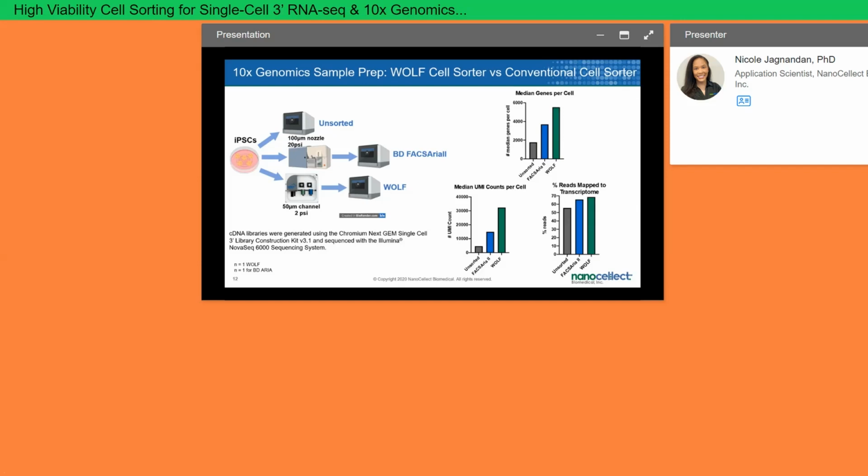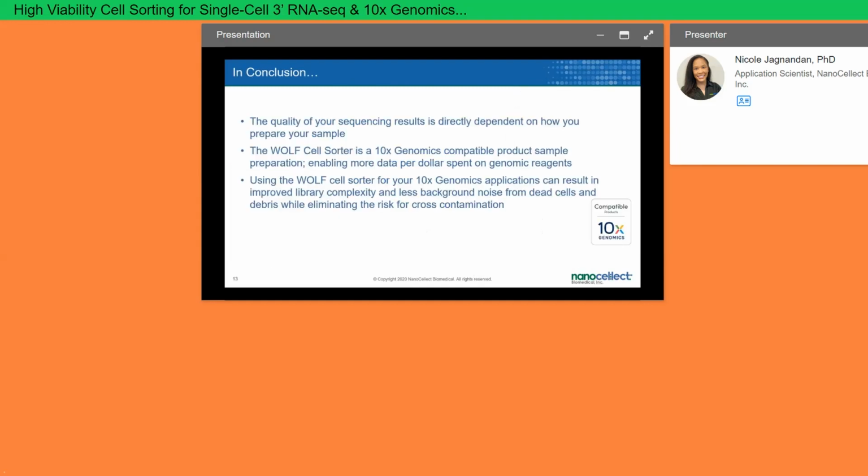Overall, this simple experiment shows that sorting enables you to get more data per cell, and this may be even more improved by sorting your samples with a gentle cell sorter, such as the WOOF. In conclusion, the quality of your sequencing results is directly dependent on how you prepare your sample.